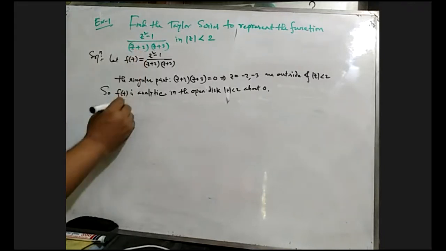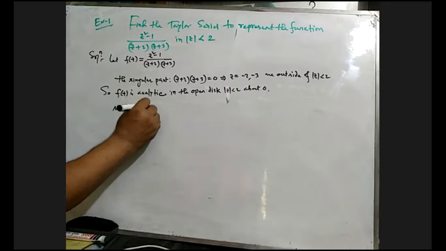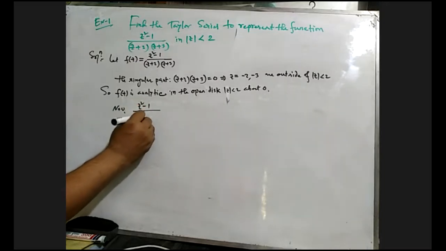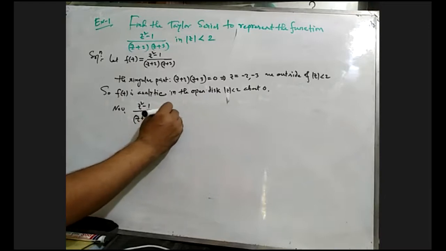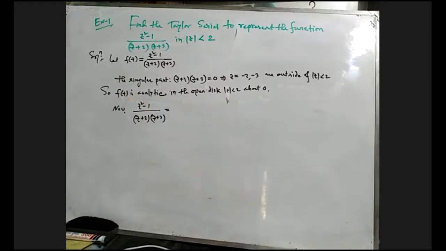Now the given function can be written as (z squared minus 1) divided by (z plus 2)(z plus 3). This is actually a rational function, so we can split this f(z) into partial fractions.